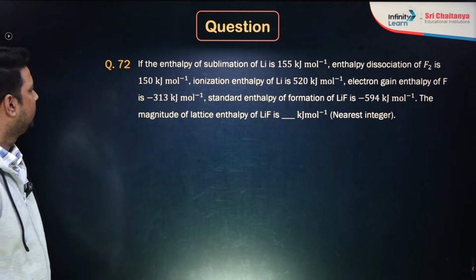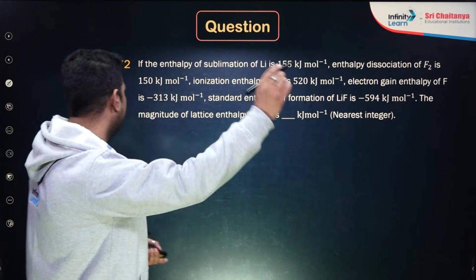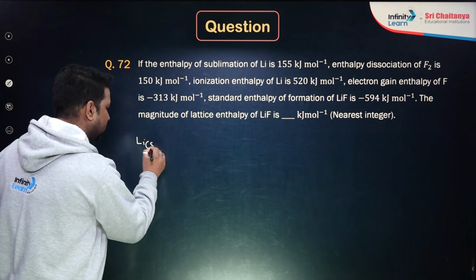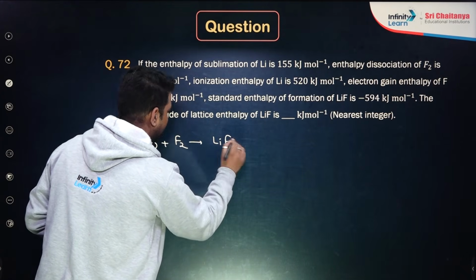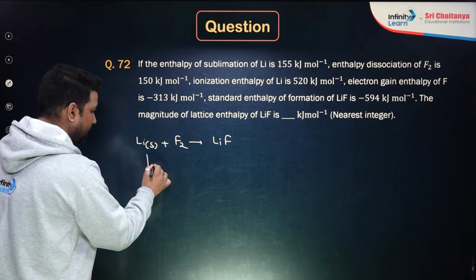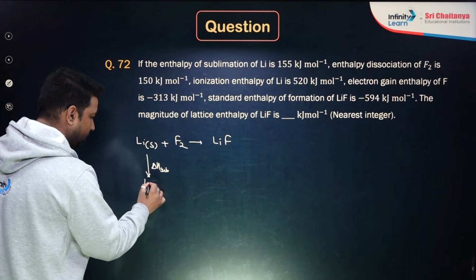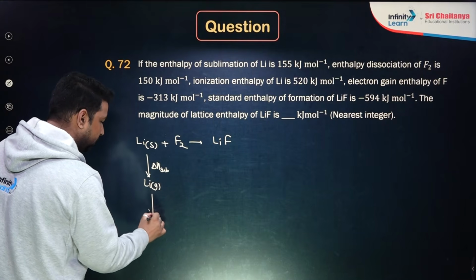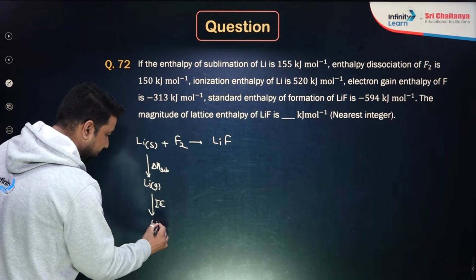Okay. It is a simple question based on the Born-Haber cycle. In the Born-Haber cycle, solid lithium reacts with F2 to form LiF. First, we give the enthalpy of sublimation, and Li will convert into gas. Then ionization energy, and Li+ will form.